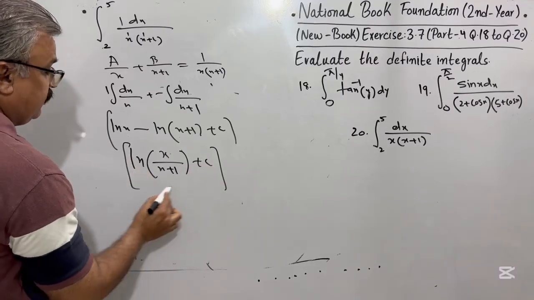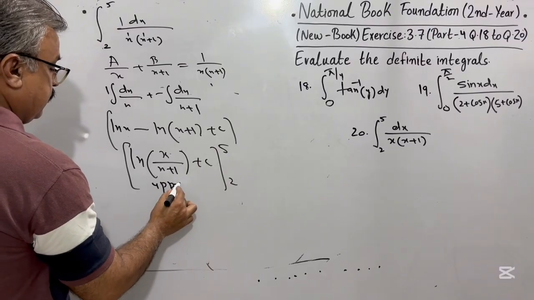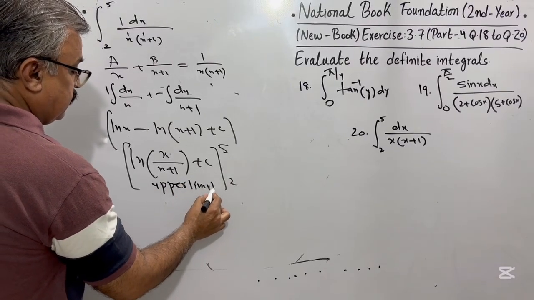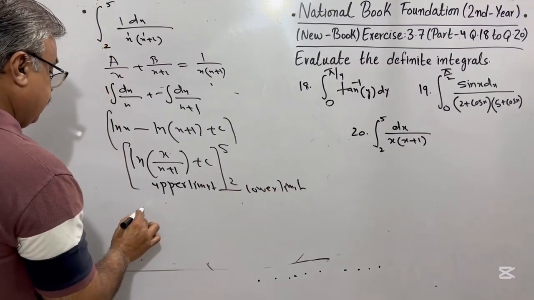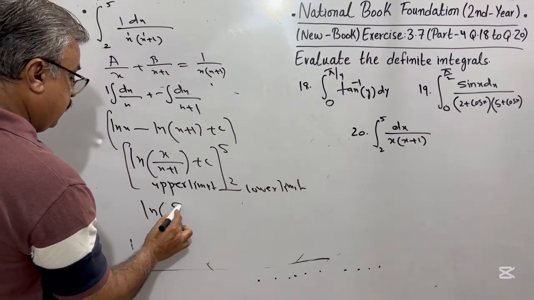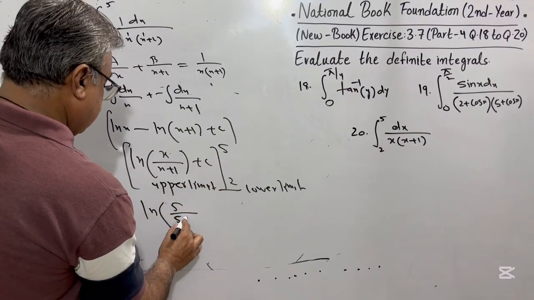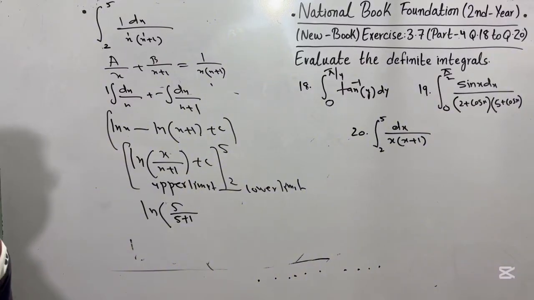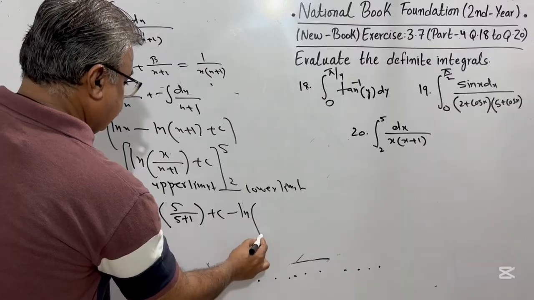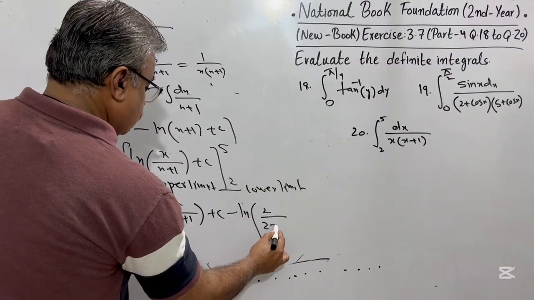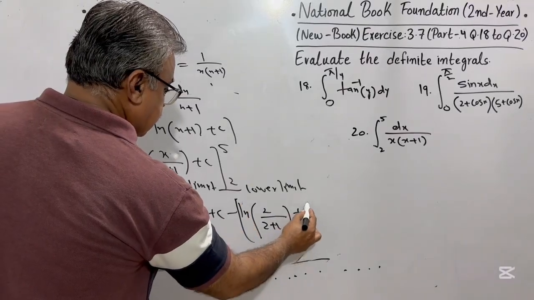Limits run from 2 to 5: upper limit minus lower limit. Something like ln 5 over 5 plus 1 plus c, minus ln 2 over 2 plus 1, and here plus c as well.